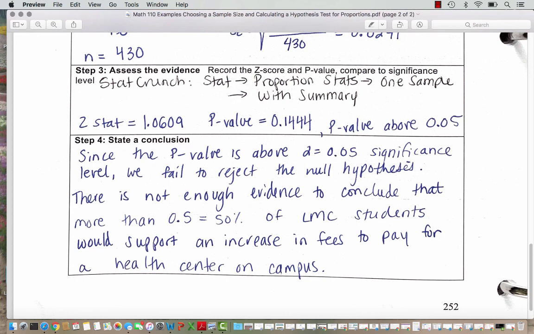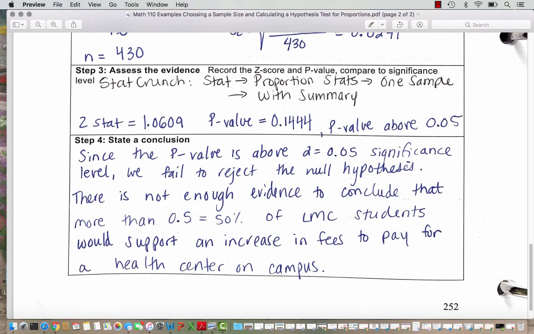A more detailed way to say this is to say that there is not enough evidence to conclude that more than 0.5 or 50% of LMC students would support an increase in fees to pay for a health center on campus. So this is a case where we did a study, we ran our hypothesis test, and we did not have enough evidence to conclude what the alternative hypothesis is saying.